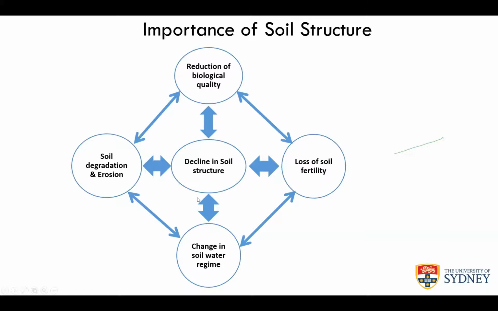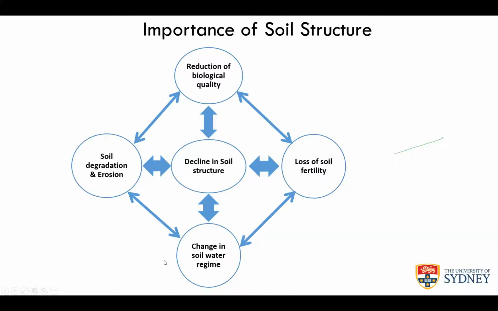And that means that if you have loss of fertility, you have reduced biological activities. Then at the end, you have a change in soil water regime, that the soil doesn't infiltrate water, doesn't store water. And then at the end, you have soil degradation and erosion.